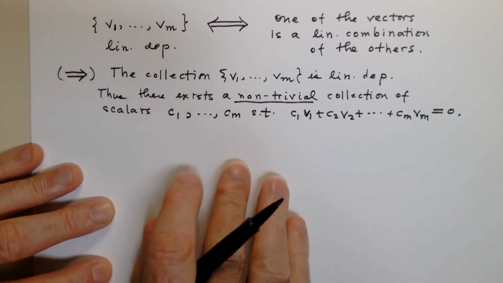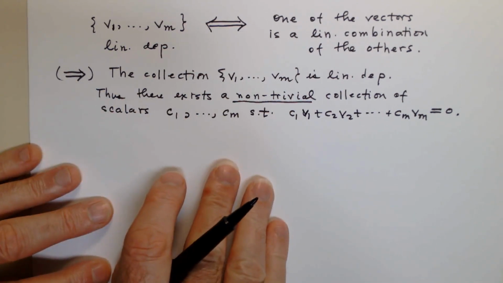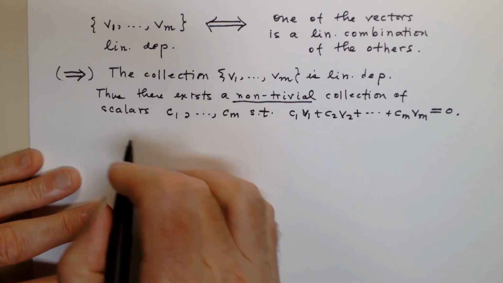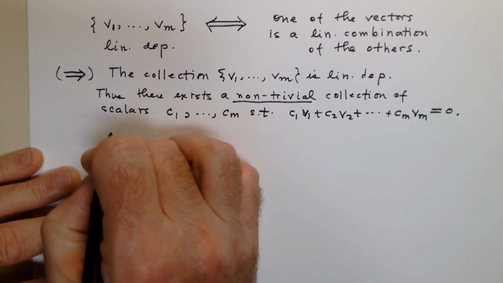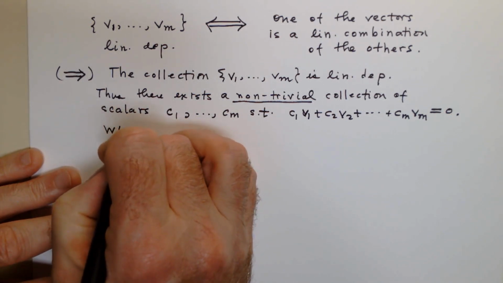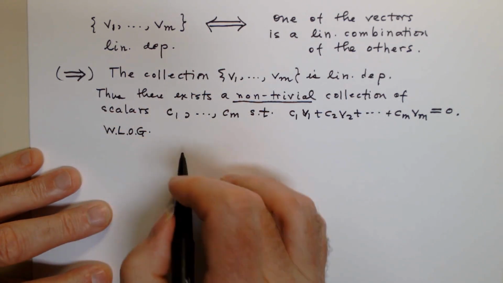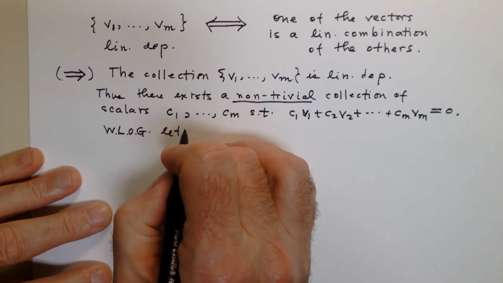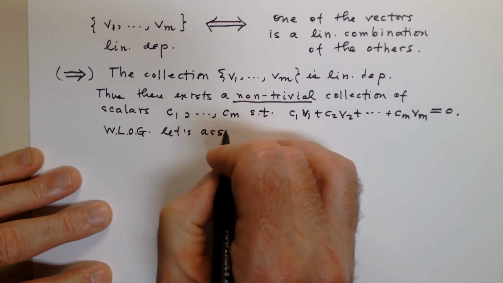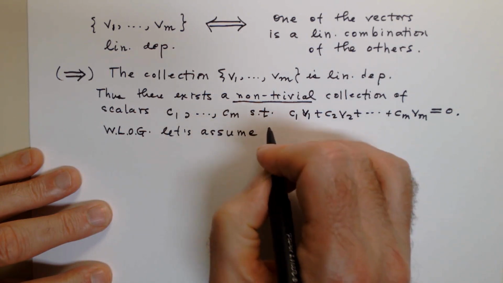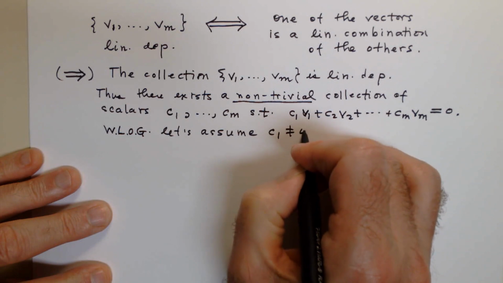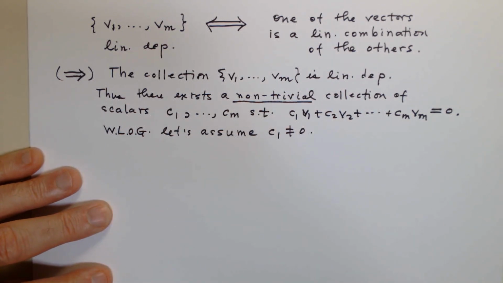You'll see that you could adapt the argument to any one of the coefficients being different from zero. So, without loss of generality, let's assume C1 is a coefficient that's different from zero.